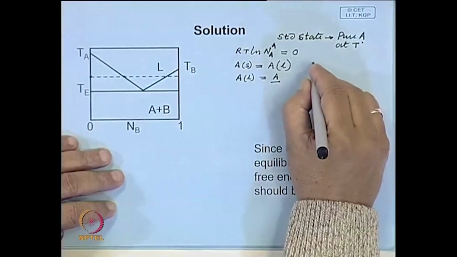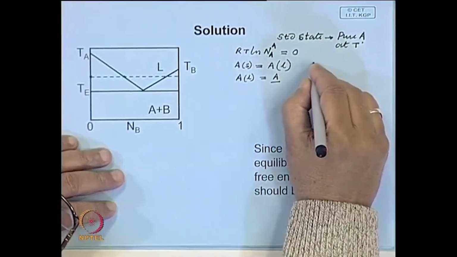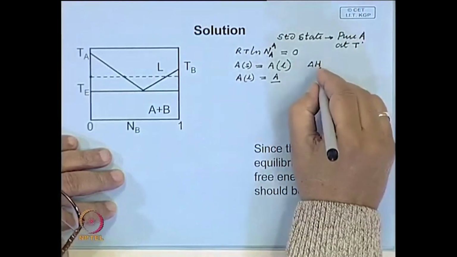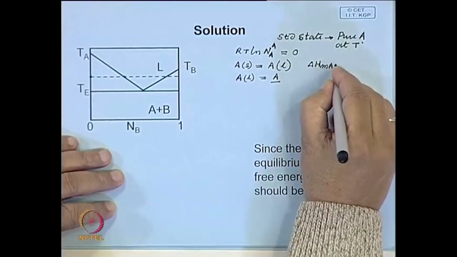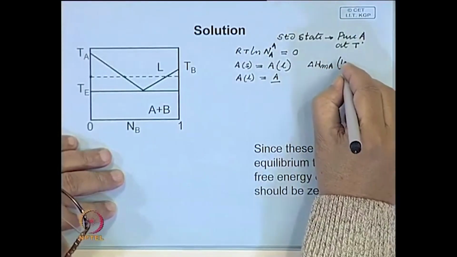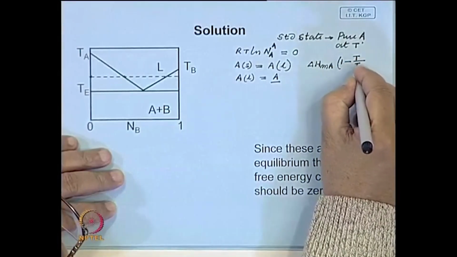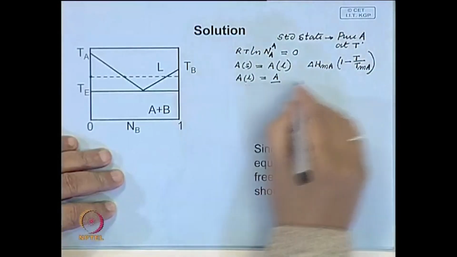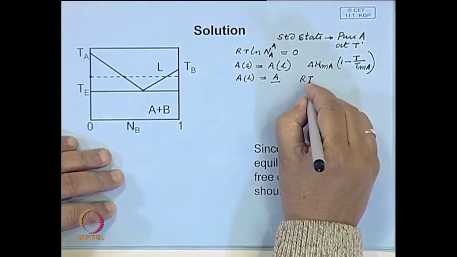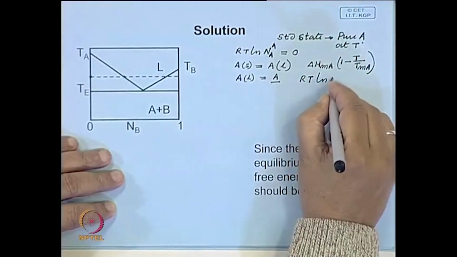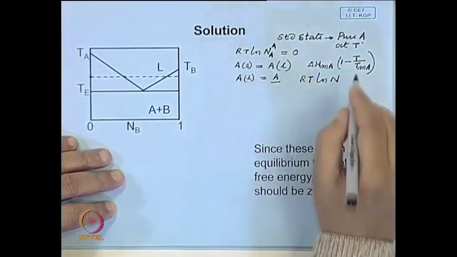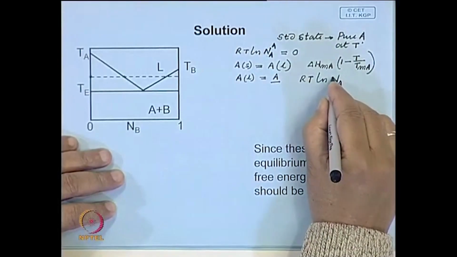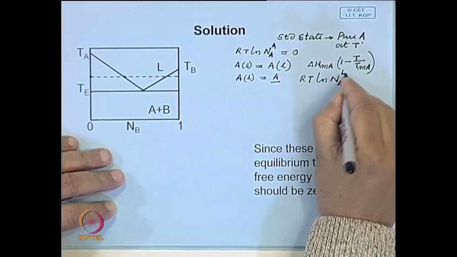In this particular case, that free energy will be delta H of melting of A times 1 minus T over melting point of A, whereas this is RT ln, we assume the solution to be ideal, so this is the atom fraction of A in liquid.